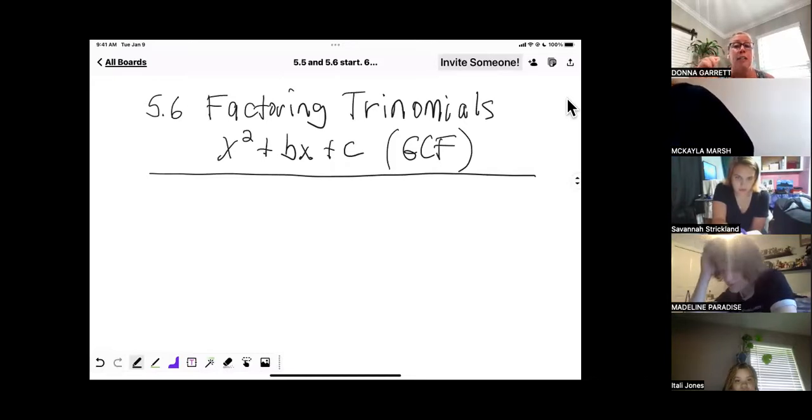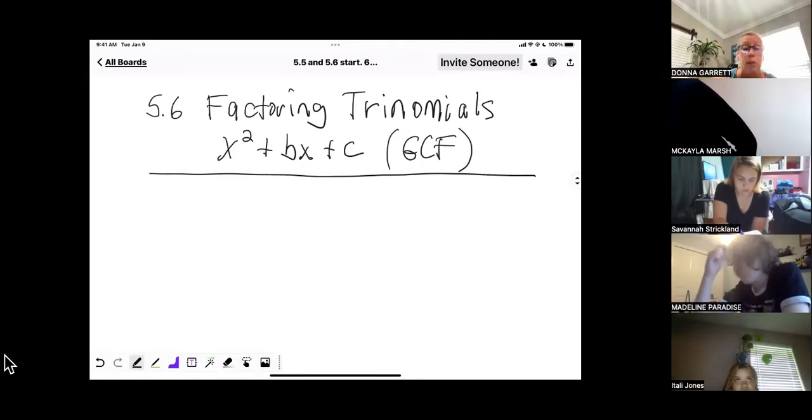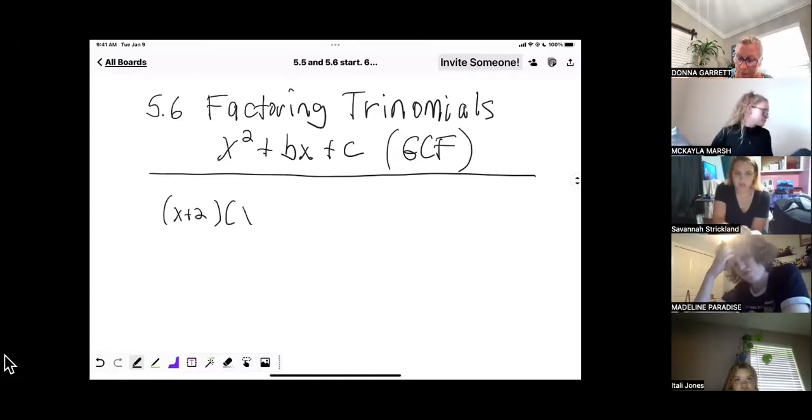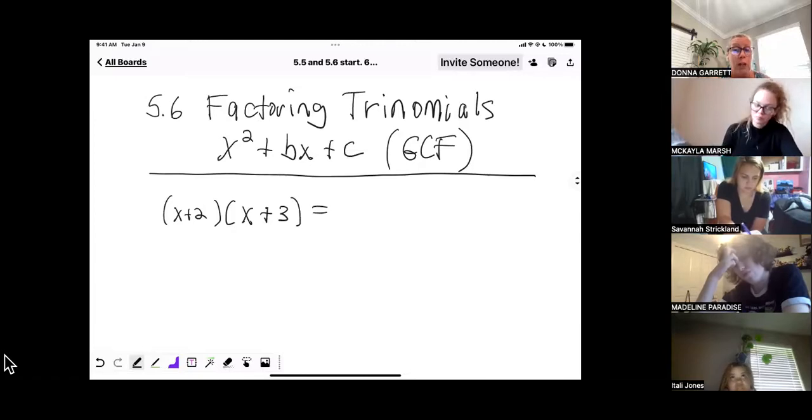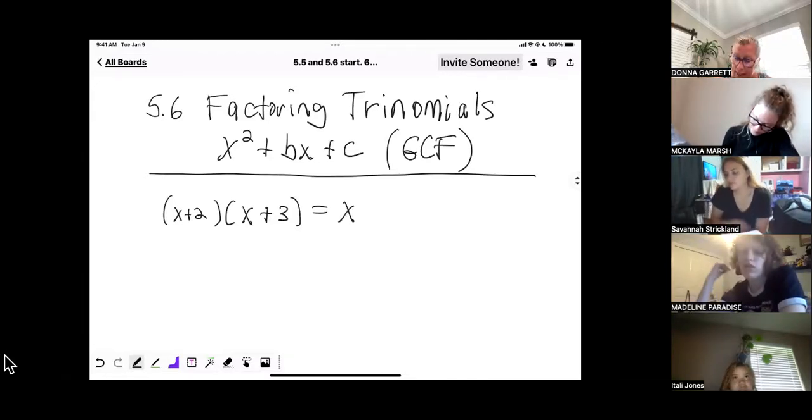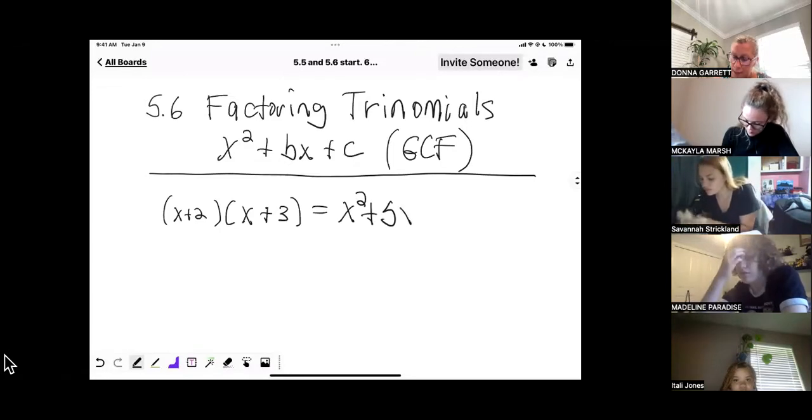Greatest common factor is something you should always do before ever factoring a trinomial. Now, what does factoring mean? Well, we worked on multiplying polynomials. If I multiply this out, I'm not going to show any work, but I would get x squared plus 5x plus 6. So now we're going to go backwards.